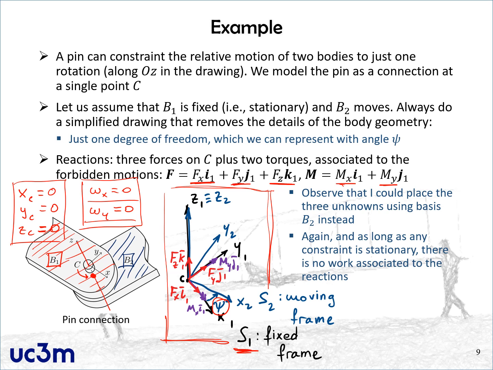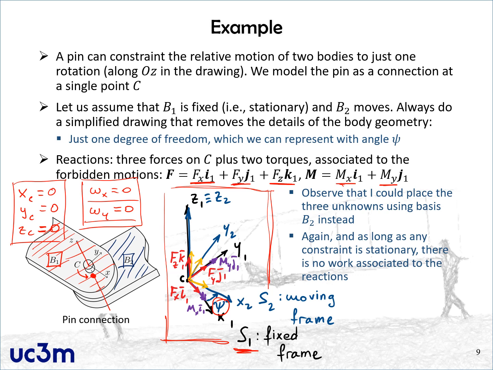One thing that I want to mention here is that I have selected to put the force components in the B1 vector basis associated to reference frame S1. But another perfectly valid choice would be to put my forces, for example, on this other vector basis B2. That doesn't affect the problem. That's a perfectly valid choice as well.